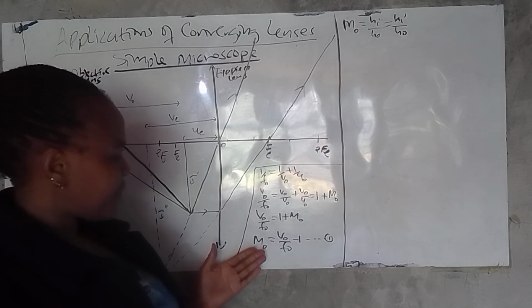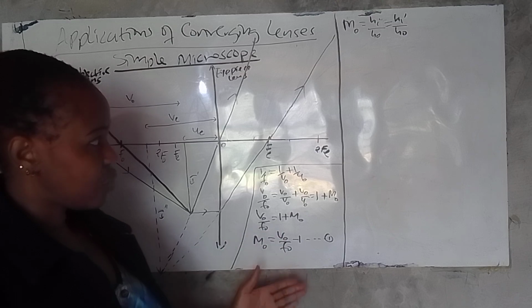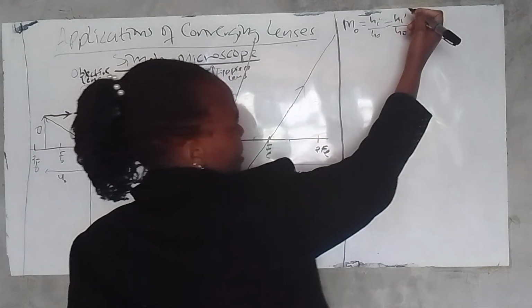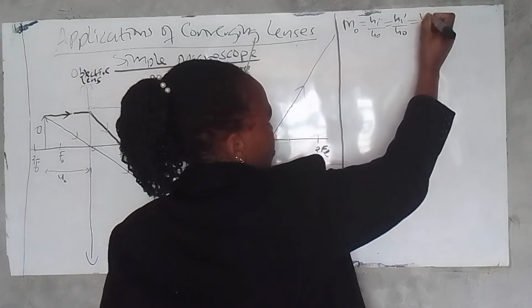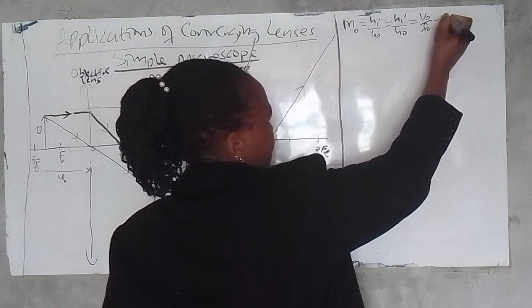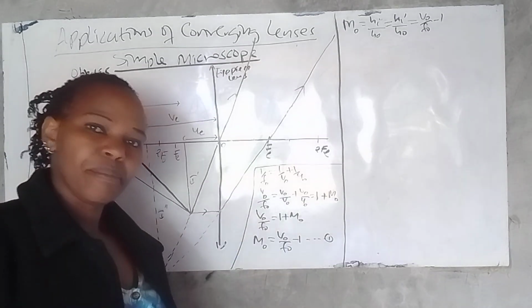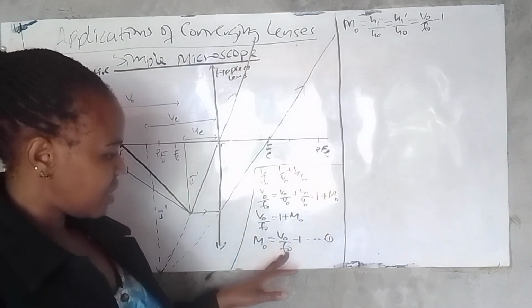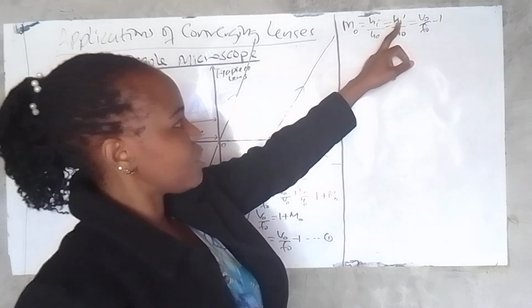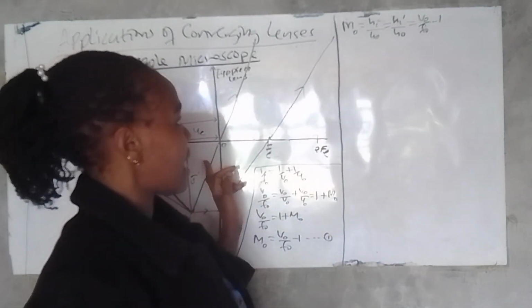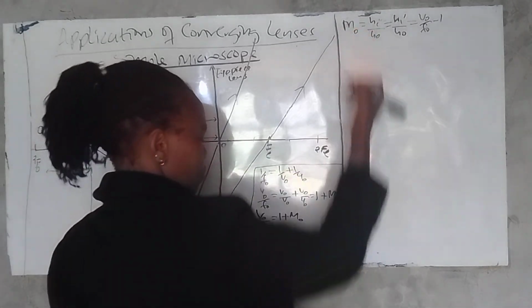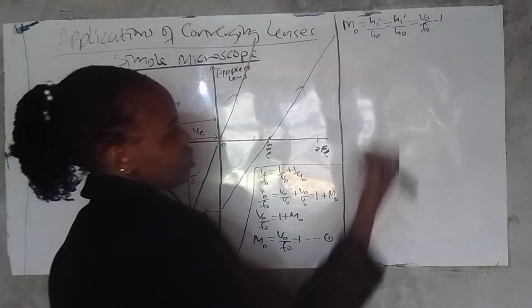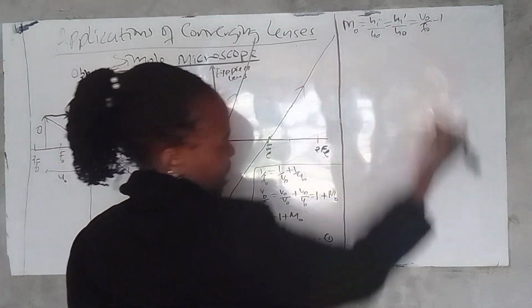Now, magnification is V naught over F naught minus 1, or height of image over height of object. I'm just substituting. Magnification M naught is this, or it is height of I prime divided by height of object. So this equals that, equals that.